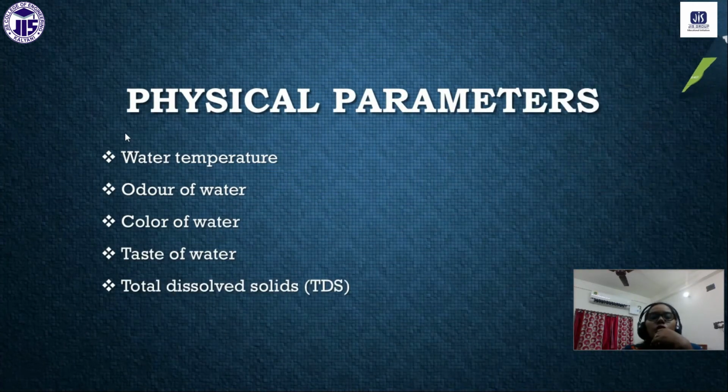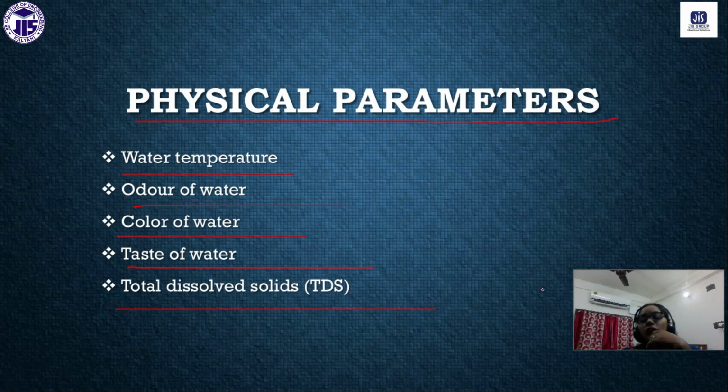Next, some of the physical parameters are the temperature of the water, odor, color, taste, and total dissolved solids. TDS means all types of salts we have in our water sample.